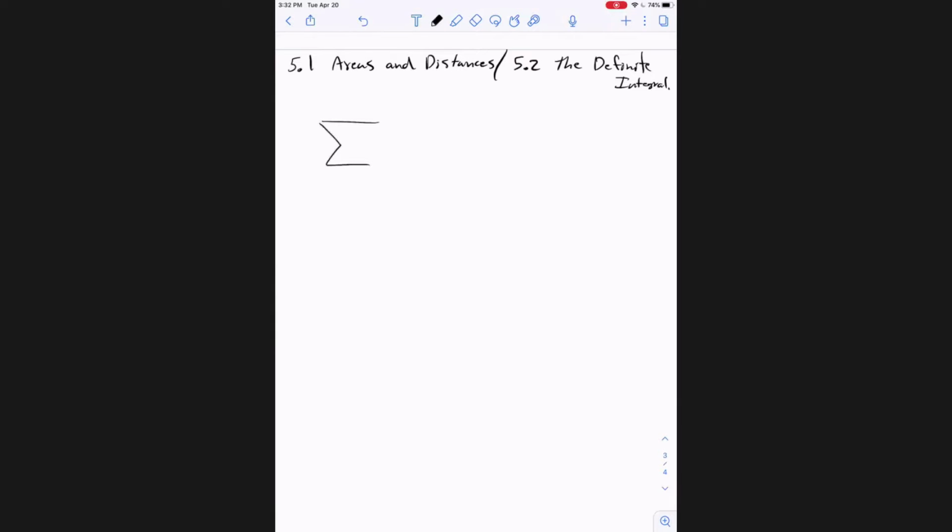So this is the Greek letter sigma. In math, it means summation. For example, if I say sigma, with i equals 1 on the bottom and a 5 on top, and then the expression, it means sum up all the terms from i equals 1 to 5.